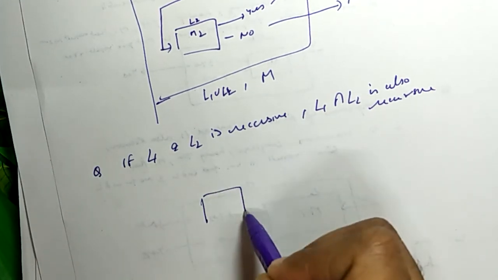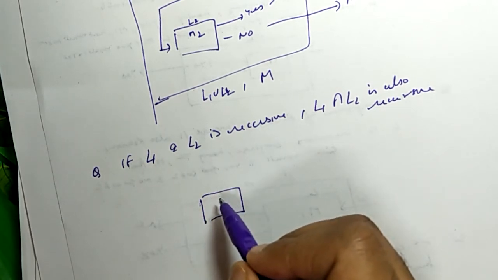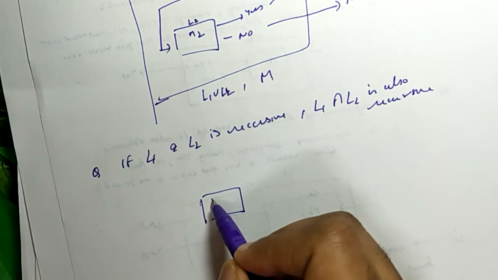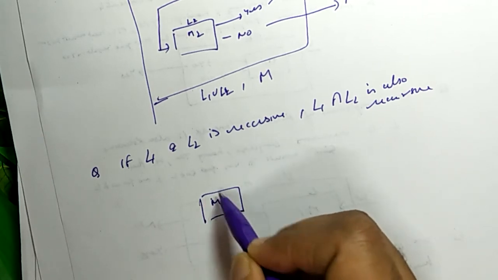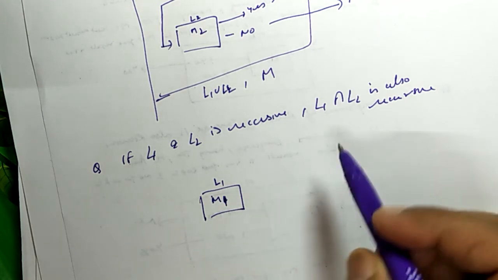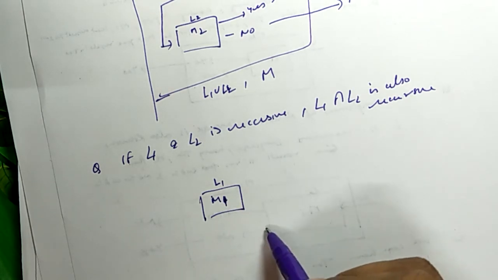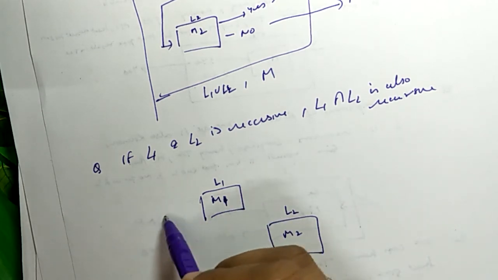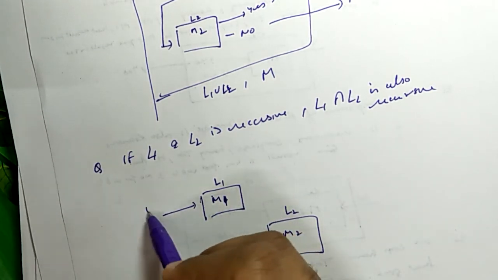So if we have an M1 for language L1 and an M2 for language L2, and we provide an input W here.